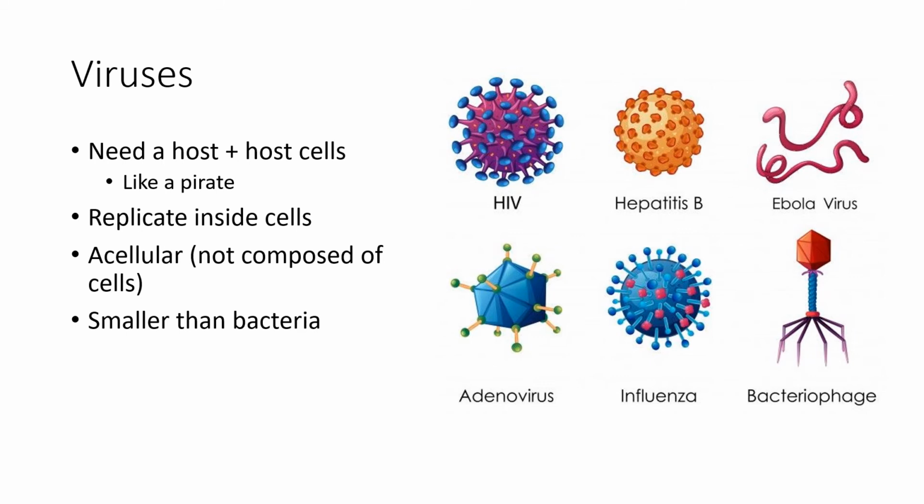A lot of people think of bacteriophages more than anything when they think of a virus, but now, due to the popularity of information that we have on COVID-19, we see that a lot of viruses actually look like HIV, hepatitis B, and influenza. Ebola is one of those really weird viruses that just looks like a little worm. But typically this is going to be how we have viruses.